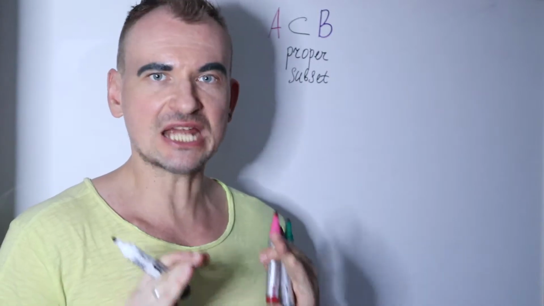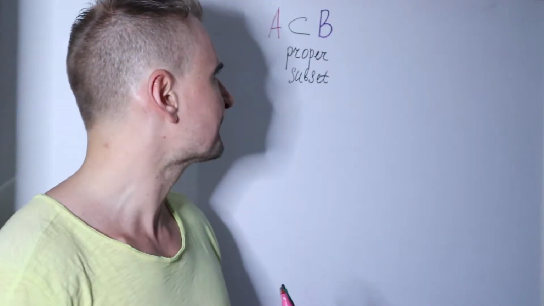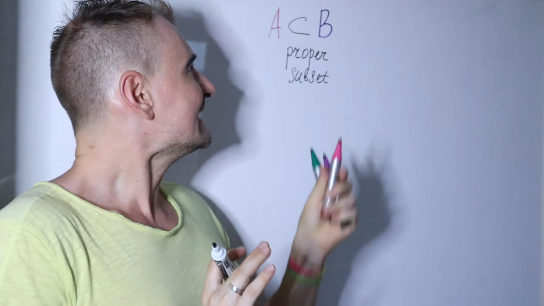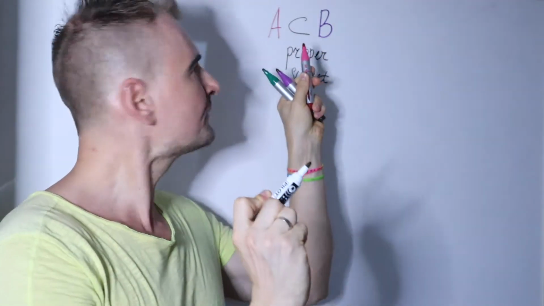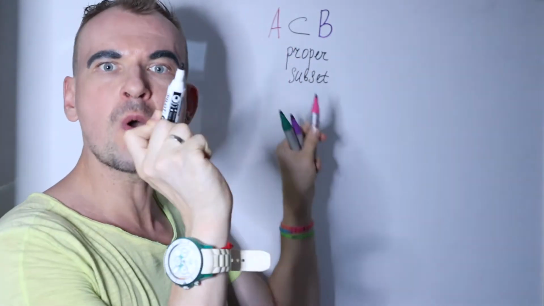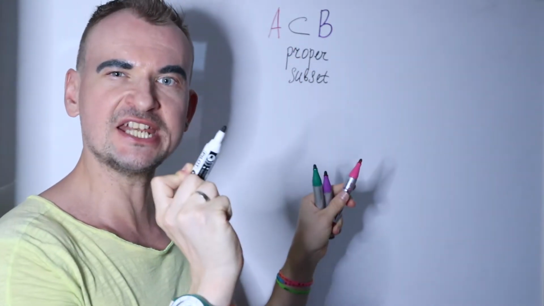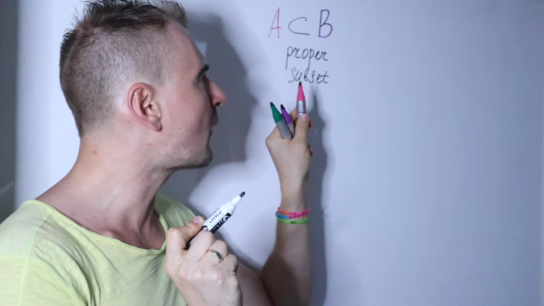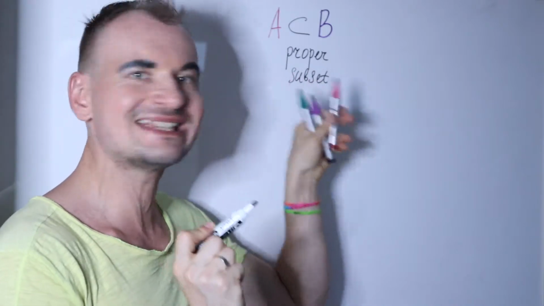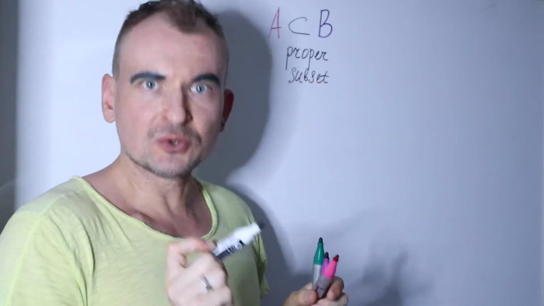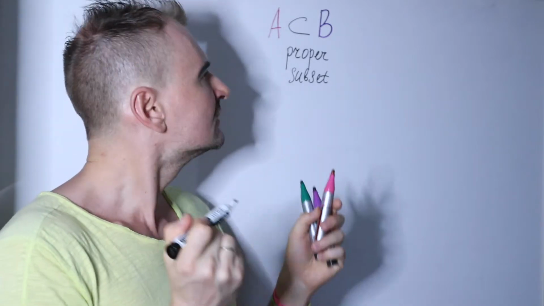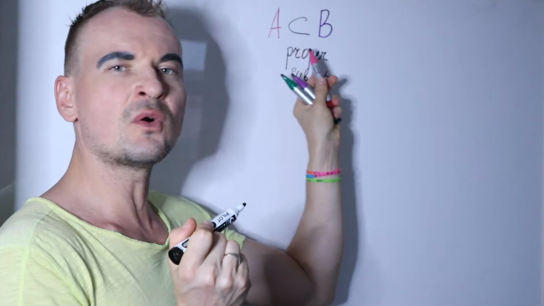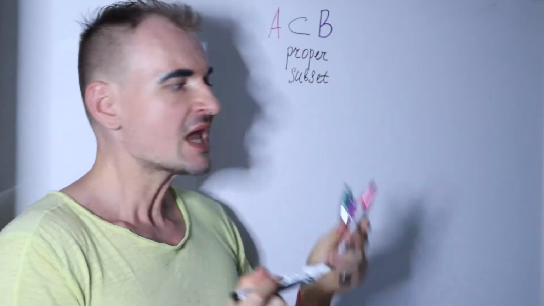Let me get into proper subset quickly. Basically, it's denoted by just this sideways U, but there is no small bar underneath. The symbol for proper subset is very similar to a normal subset, what we did before. The only difference is there is no little bar underneath.